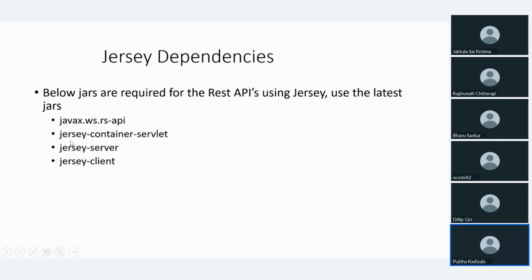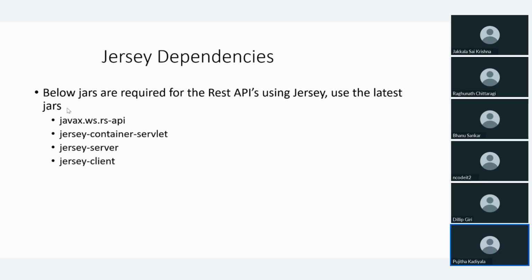So these are the mandatory, the necessary dependencies you need to add to build the REST API using the Jersey framework. You need to remember them. The first time it will be difficult, but whenever you build two to three applications, you will get used to what dependencies you need to include.